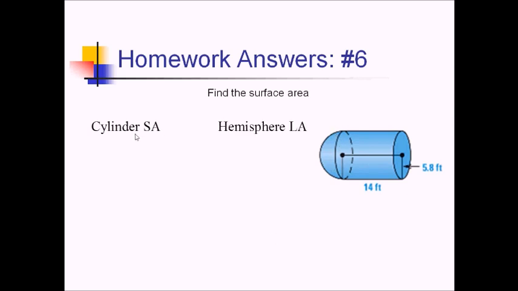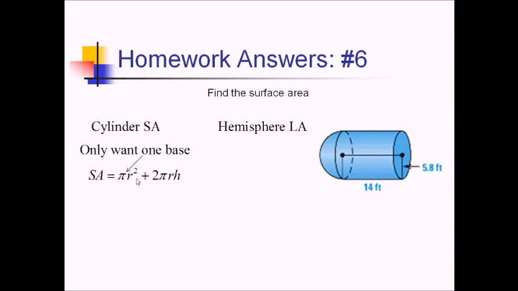So getting back to the cylinder, we only want one of those bases. So instead of doing 2 pi r squared plus 2 pi r h, we're going to do 1 pi r squared plus 2 pi r h. This only gives us one of those circular bases.